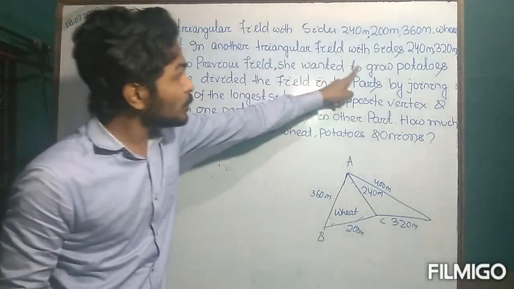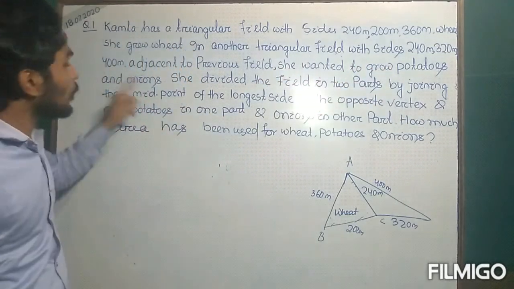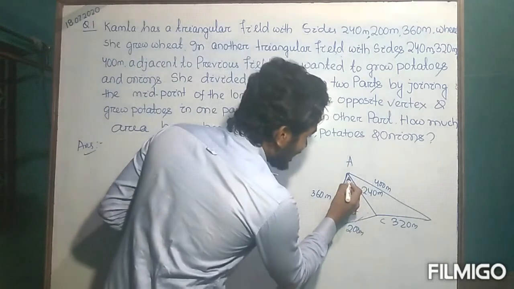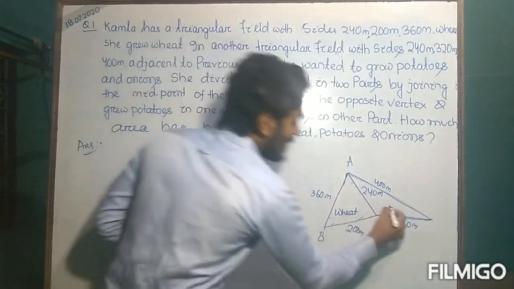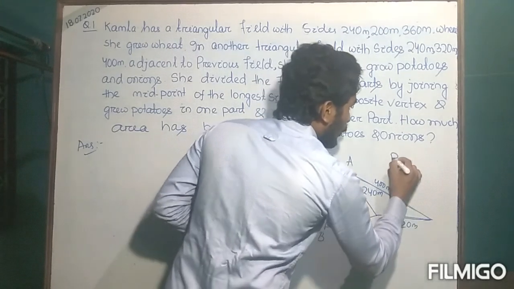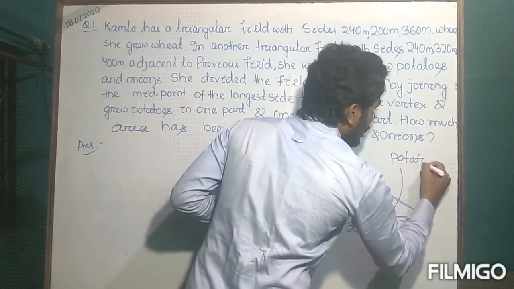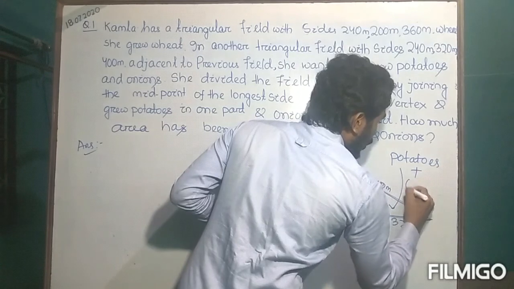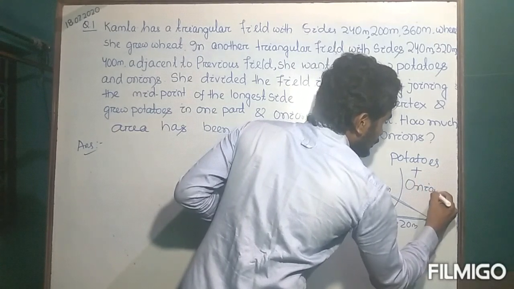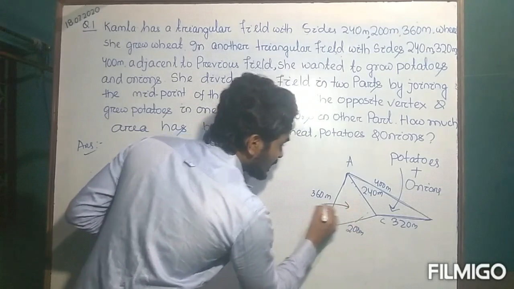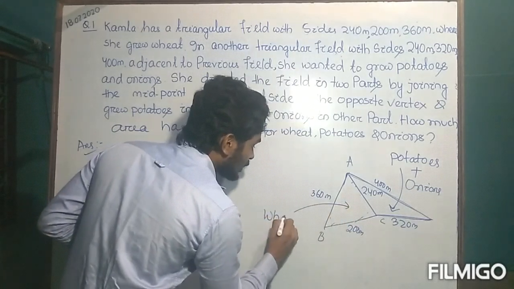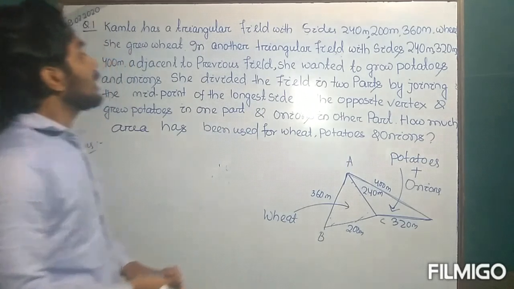Now she wanted to grow potatoes and onions. So in this field you will grow potatoes and onions, and in this field you will grow wheat. Clear?